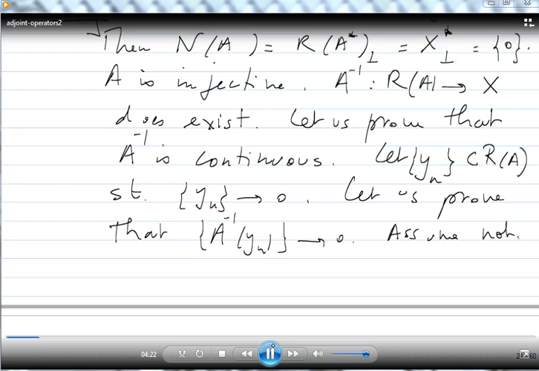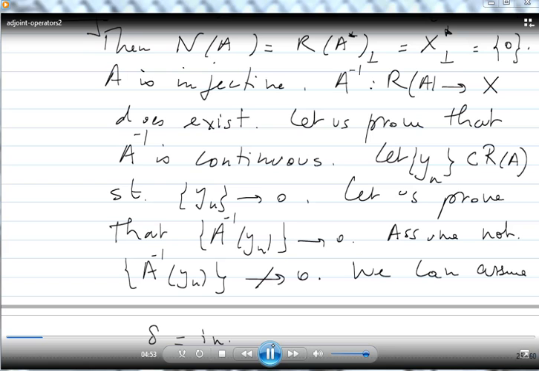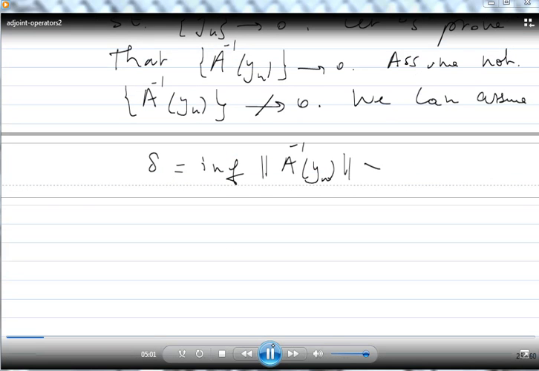And so A inverse yn do not go to 0. Even if we have to go to a subsequence, the problem is still invariant because a subsequence of yn will still go to 0. So we can assume without loss of generality that delta, the infimum of the norms of A inverse of yn, is positive. In other words, they are all away from 0.